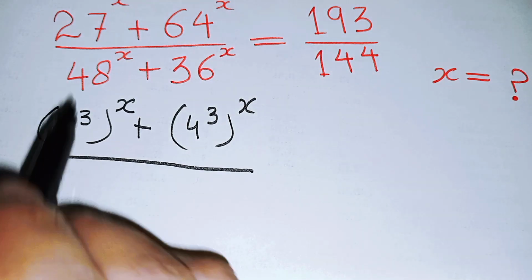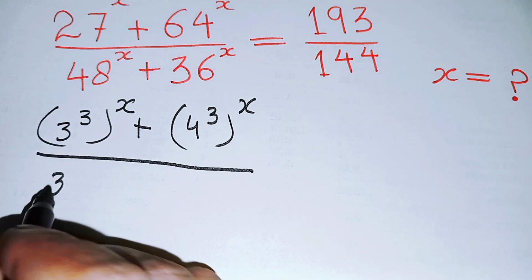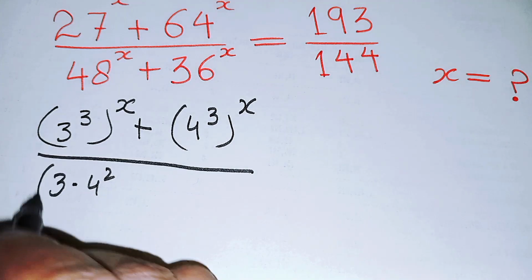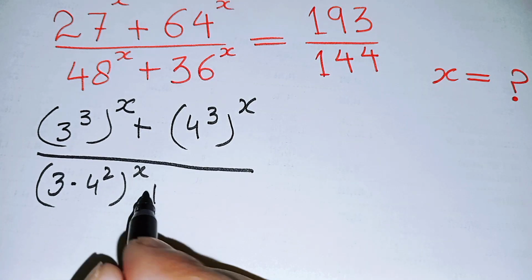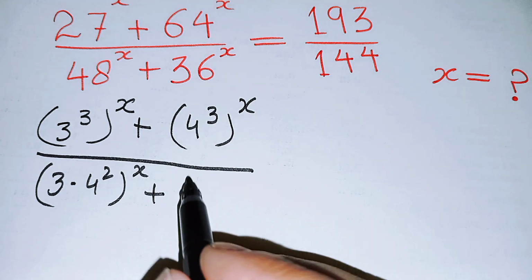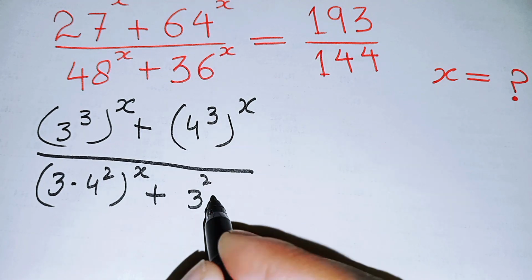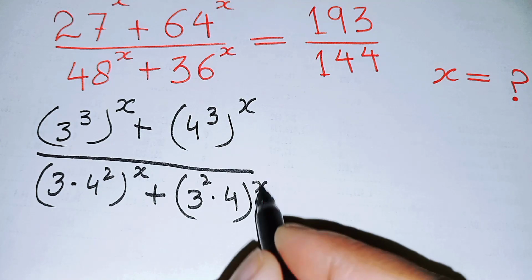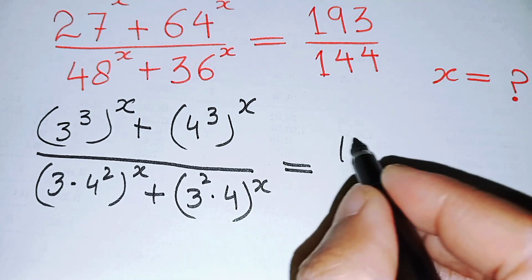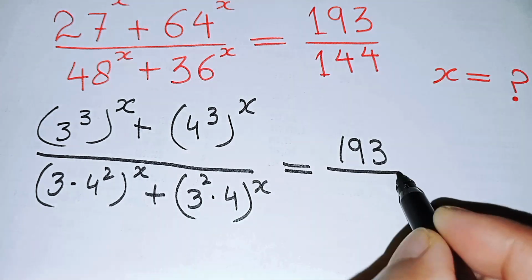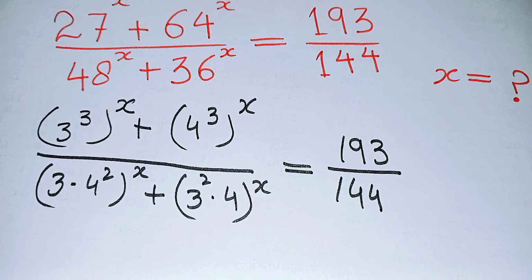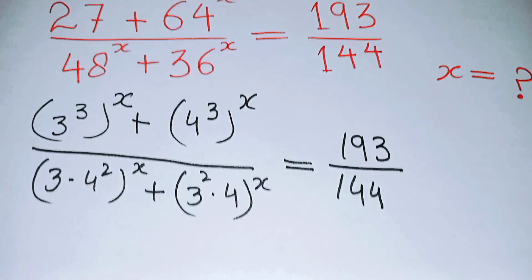Then 48 can be written as 3 times 4 squared, all to the power of x, and 36 can be written as 3 squared times 4, all to the power of x, and this is equal to 193 over 144.